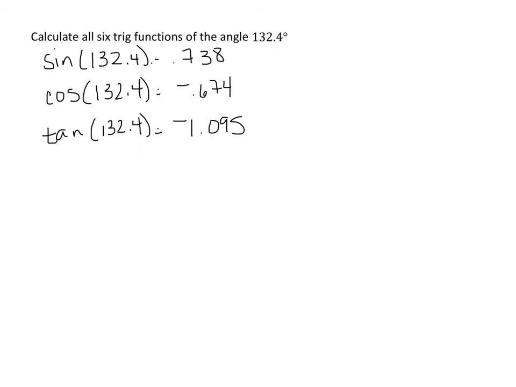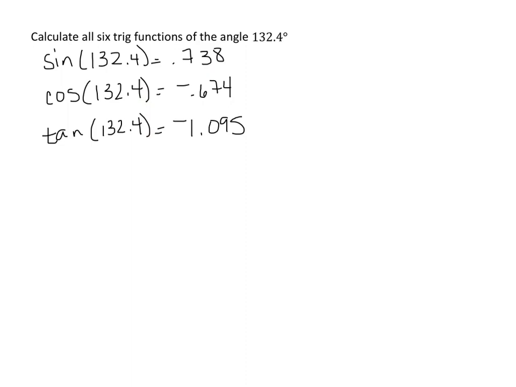Think about the fact that this angle, being 132.4 degrees, is in quadrant 2. So if we're thinking about all students take calculus, in quadrant 2 sine is positive, the rest are negative, so these are correct.